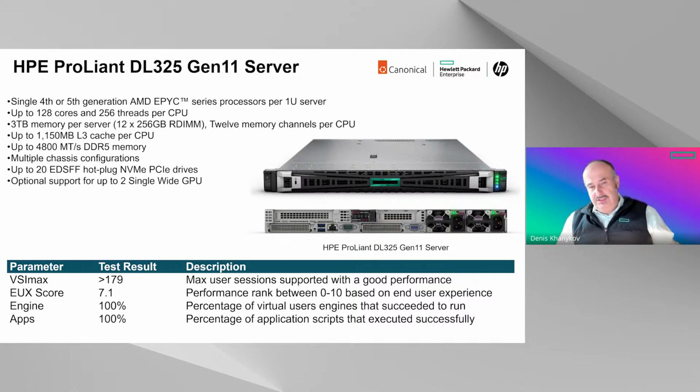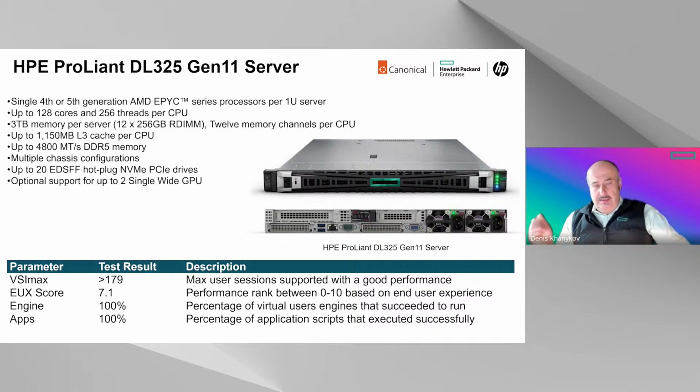So if we need to take one of the servers for maintenance, the whole environment stays unimpacted. Because of that, based on the size of the environment, we can recommend using single CPU or dual CPU processors in order to deliver the desired user environment size and density.